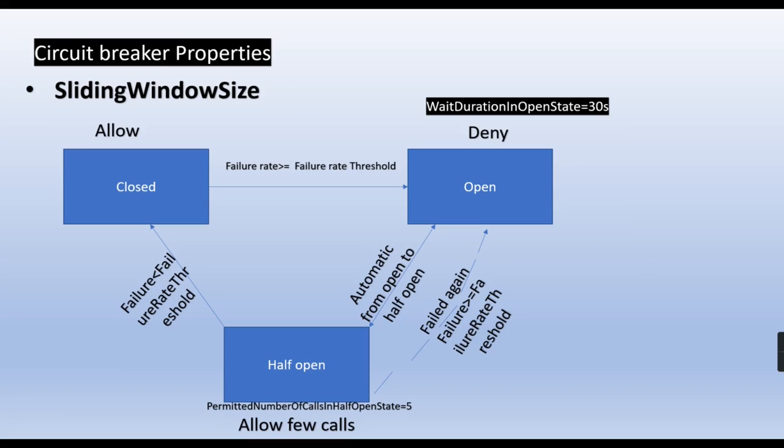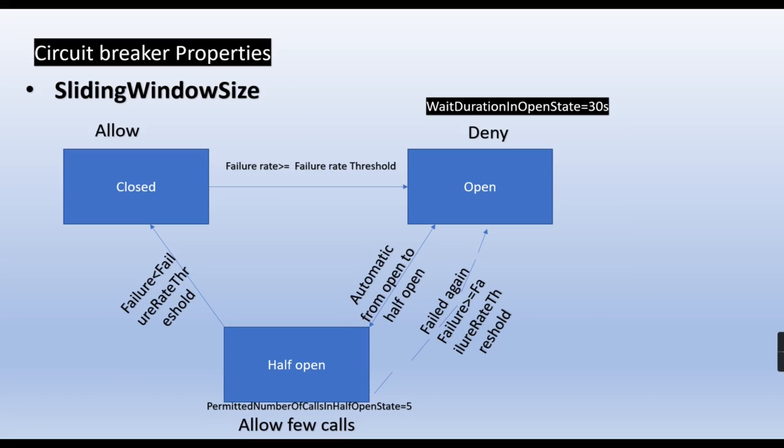Suppose only 100 calls are allowed per second, or only 1000 calls are allowed per 5 seconds. Something like that, some limit we are going to set. That is called a sliding window size. As an example, we are going to set the sliding window size to 100.